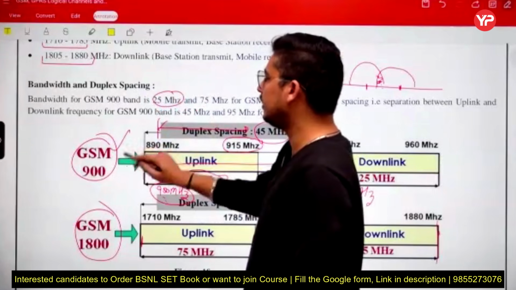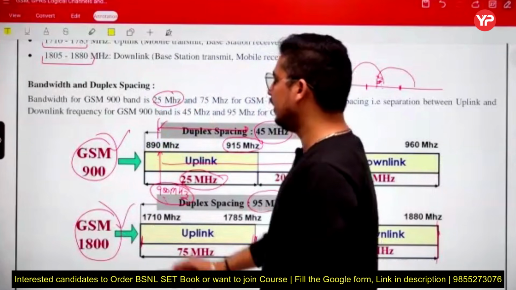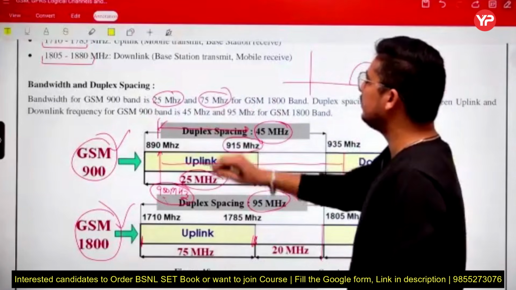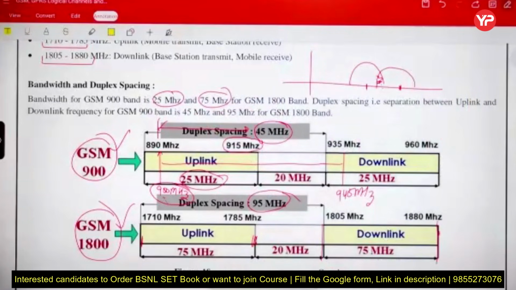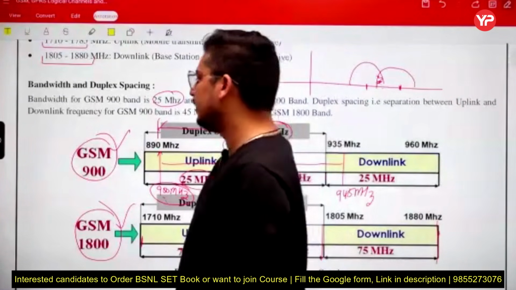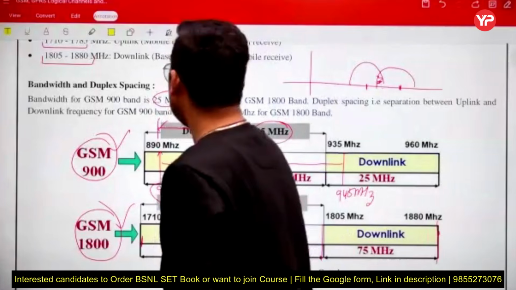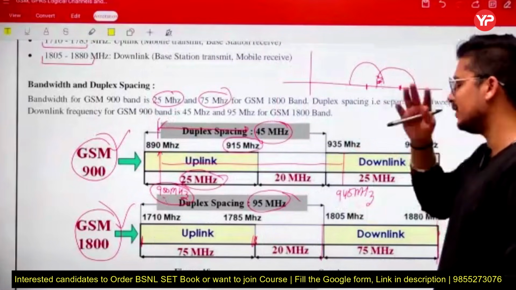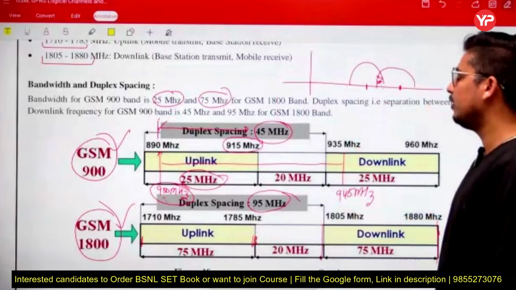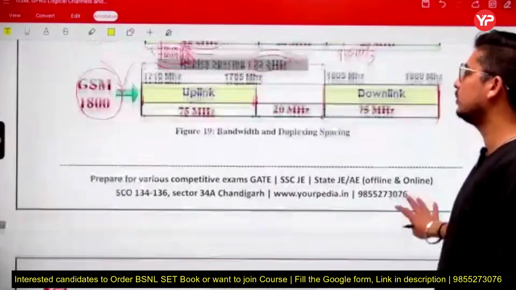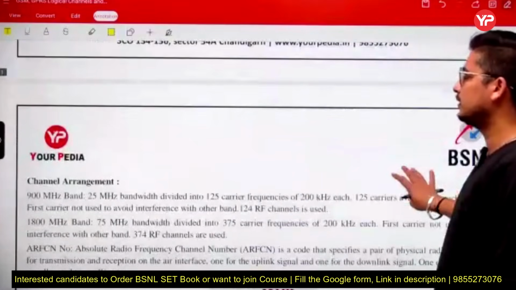If you go for the 1800 GSM band, its bandwidth is 75 megahertz. And the frequency spacing I already told you, sorry, not frequency spacing, that is called duplex spacing. For GSM 900 the duplex spacing is 45 megahertz, and for the GSM 1800 band it is 95 megahertz, right?